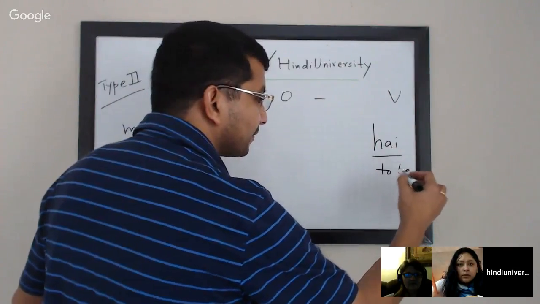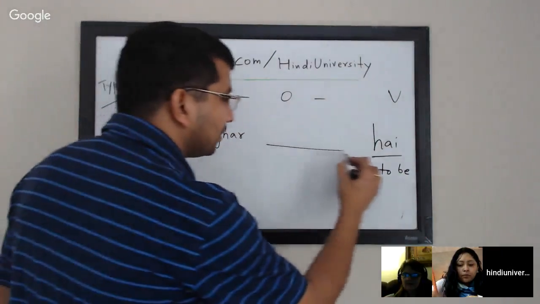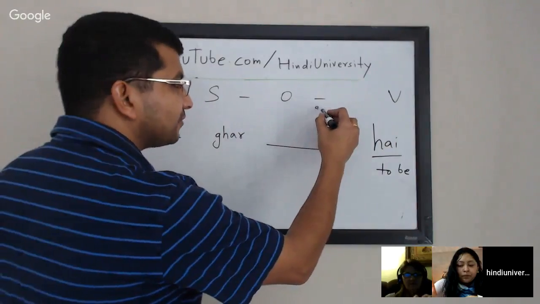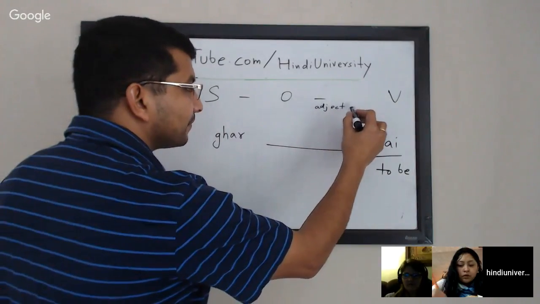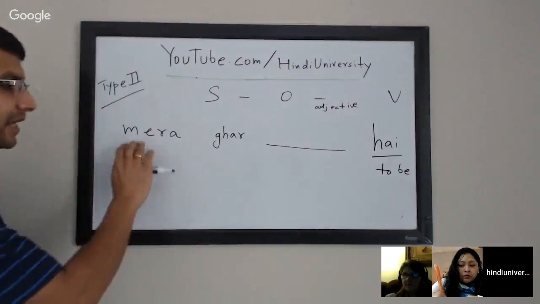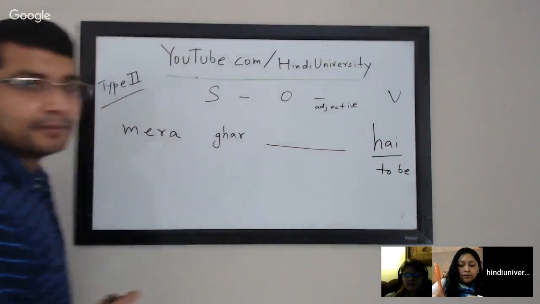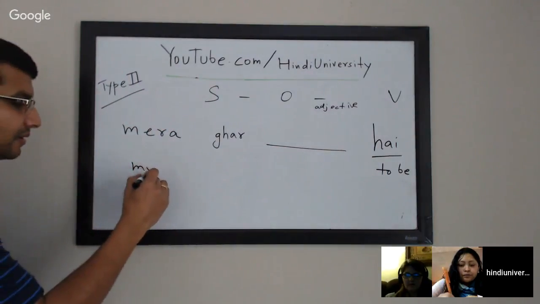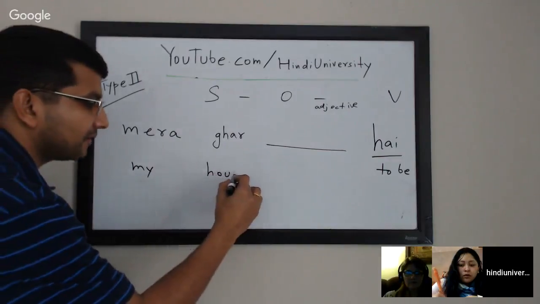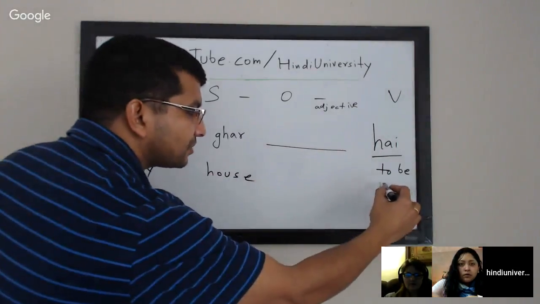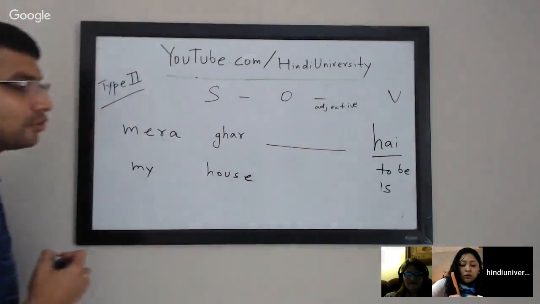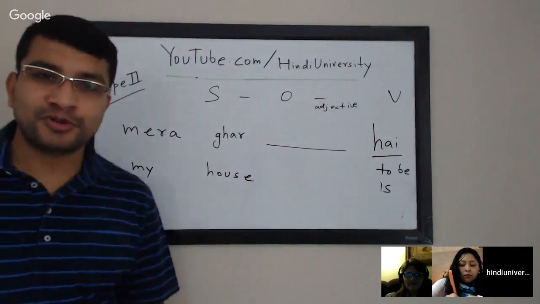Now all you're doing is putting adjectives in between. मेरा घर, fill in the blank, है. My house is.